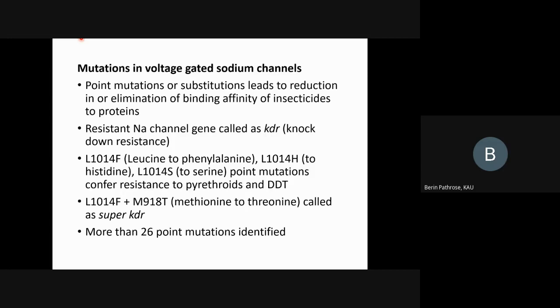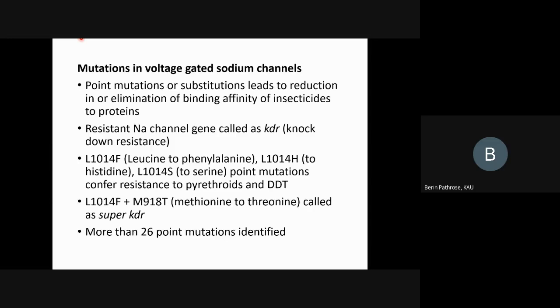Those with a single point mutation at 1014 position were called KDR. And if the gene has two point mutations, one at 1014 and another at 918, they were called super KDR.